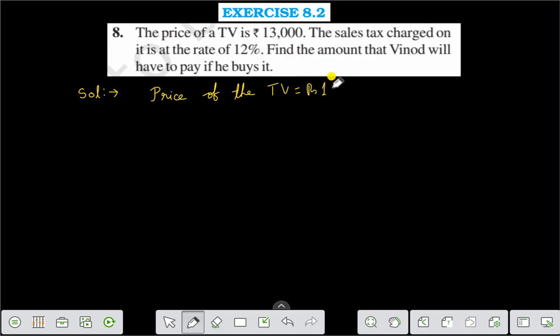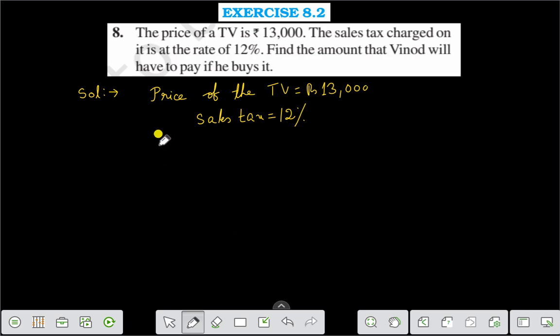Now, the sales tax charged on it is at the rate of 12%. Sales tax is equal to 12%.